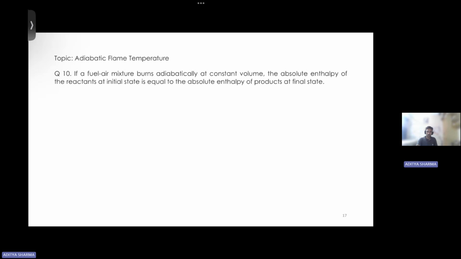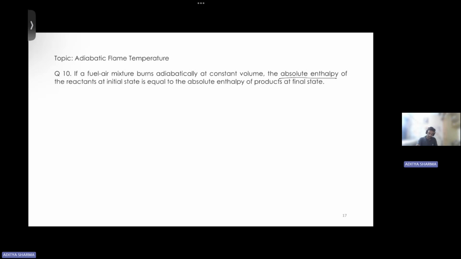I was discussing earlier that two types of adiabatic flame temperatures are defined. One is at constant volume and one is at constant pressure, right? So in case of constant pressure, the absolute enthalpy of reactants and products is equal.